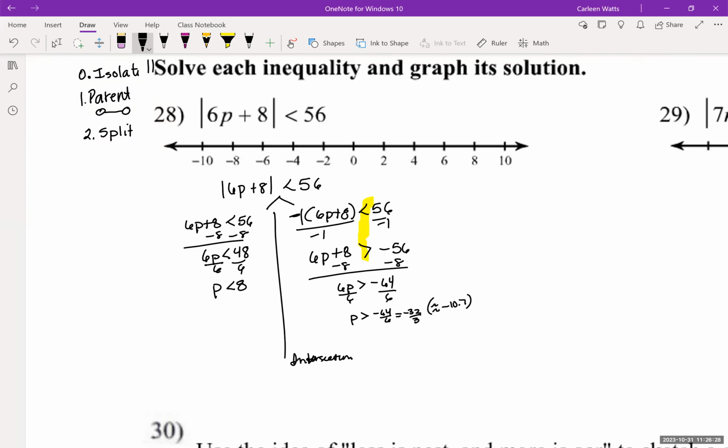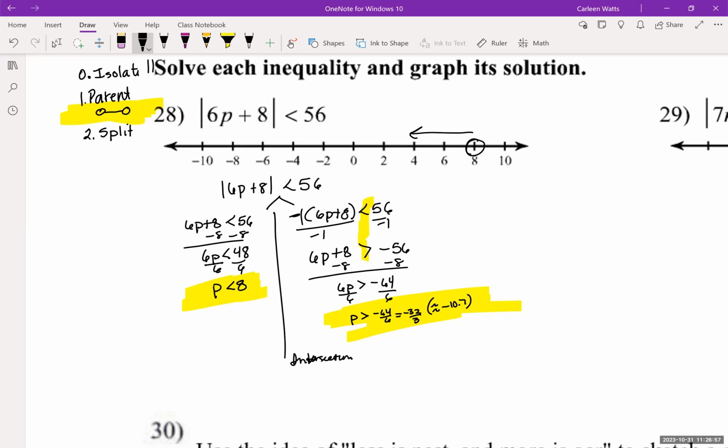Okay, so look at this graph. I know that here's the parent, and I know that it's less than 8 and greater than -10.7. And it looks like a nest. So can you see that we're going open circle less than 8?